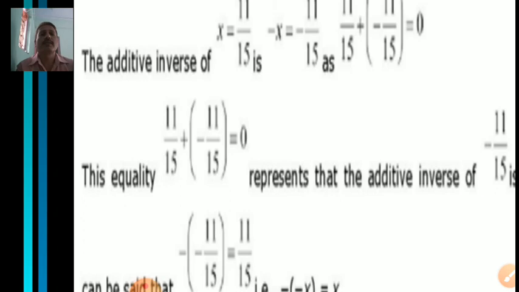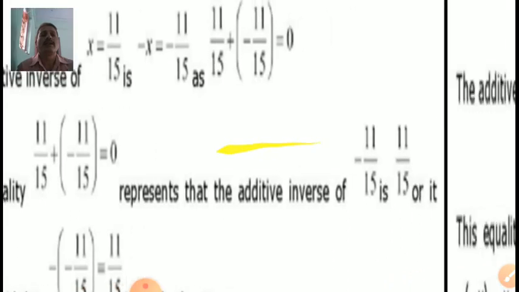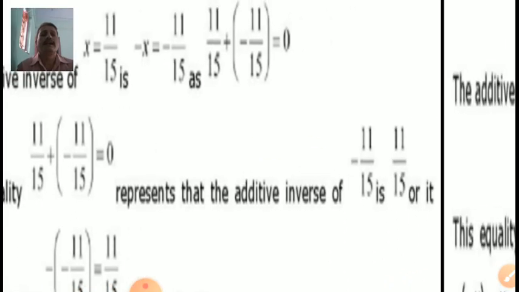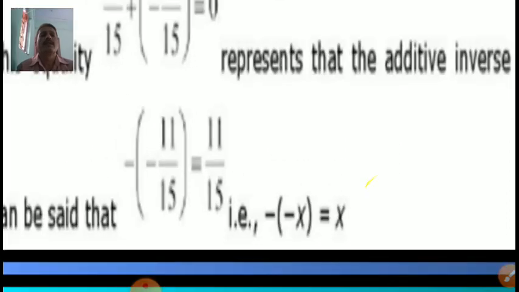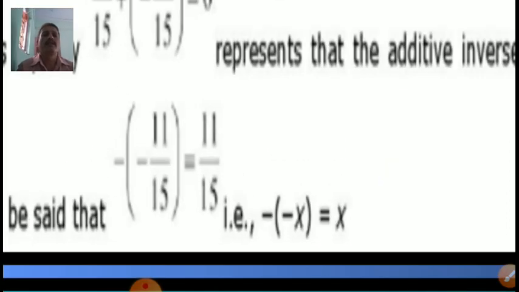Isn't it? Additive inverse. Just now we completed this topic, additive inverse. Okay, this equality gives us the additive inverse again, and we can define it so that the same number will come out.